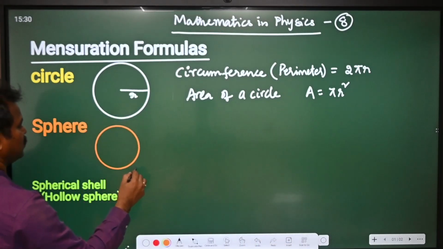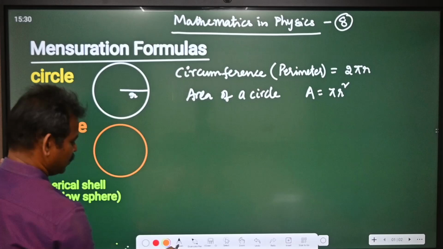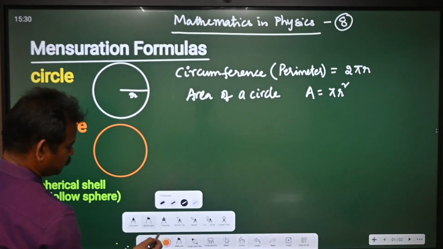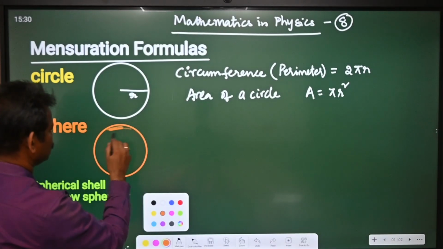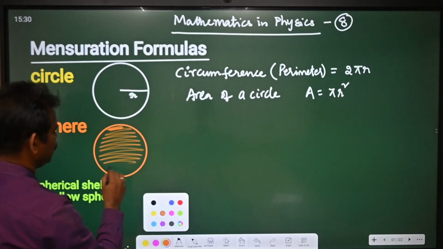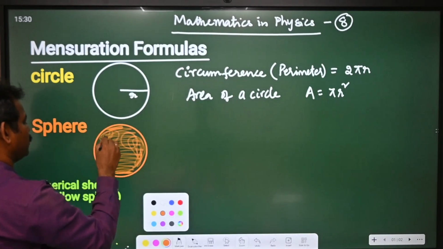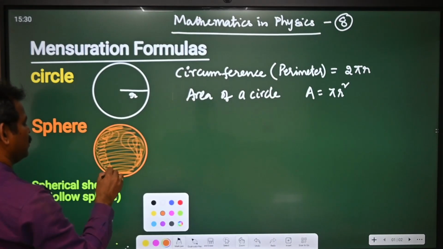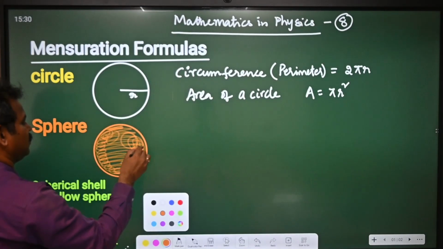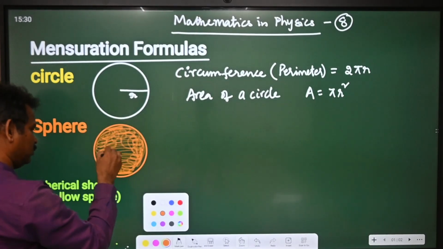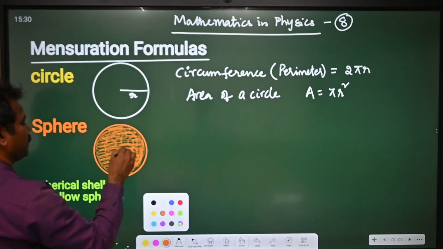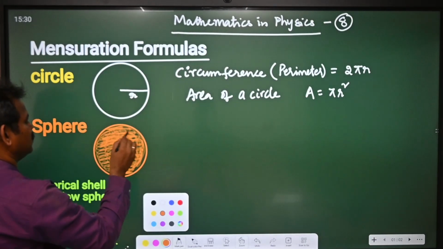So this is a solid sphere, entirely filled. Best example for a sphere is a cricket ball, or our earth is also a solid sphere.